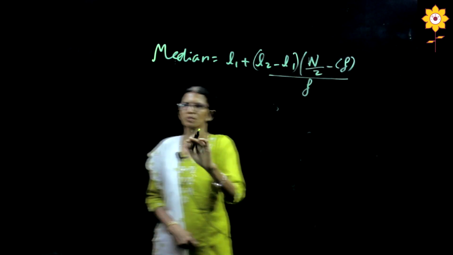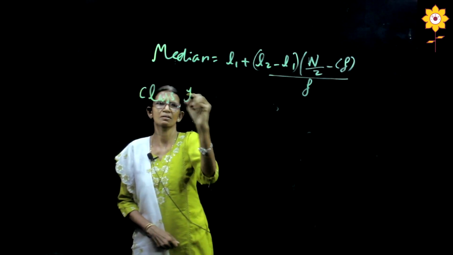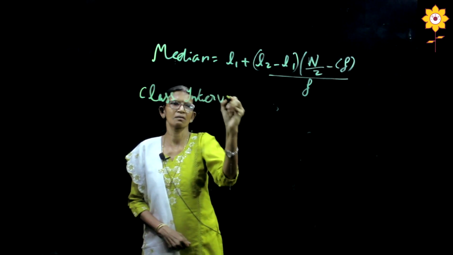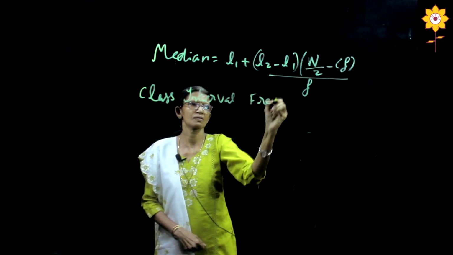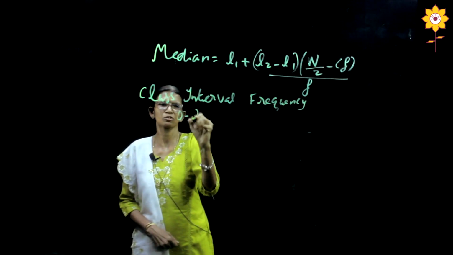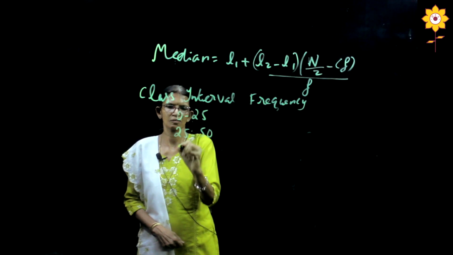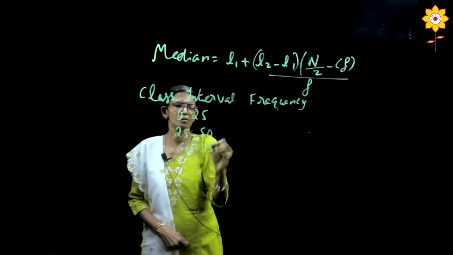Now we will take an example for this, that is one data is given like this, class interval and frequency is given. Class intervals are 0 to 25, 25 to 50, 50 to 75, 75 to 100.